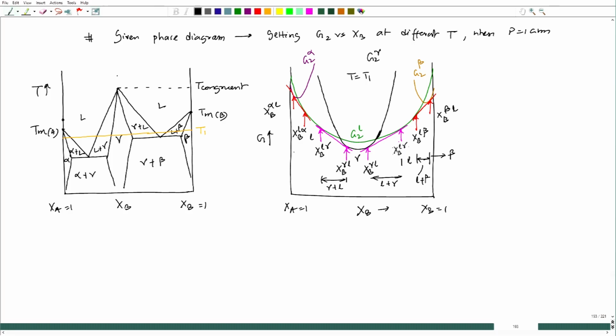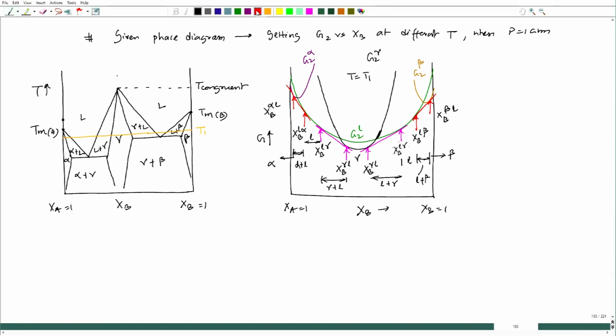And here if I try to see, this zone is alpha plus liquid, left to this alpha. In between we have already checked it's liquid, and between X_B liquid in equilibrium with gamma and X_B gamma in equilibrium with liquid on the A rich side is gamma plus liquid. Let us see whether those compositions can be reflected on the phase diagram.